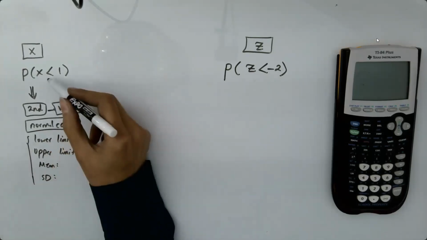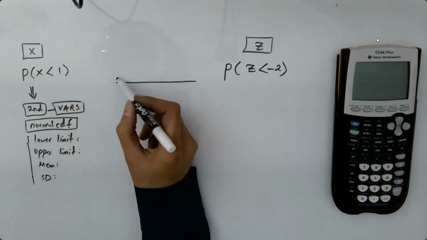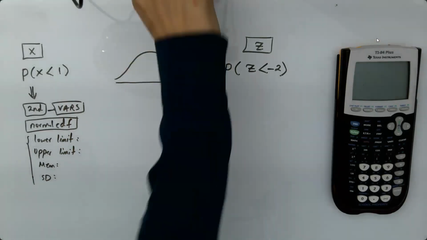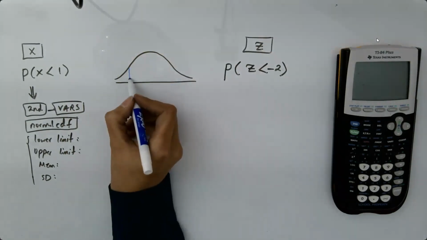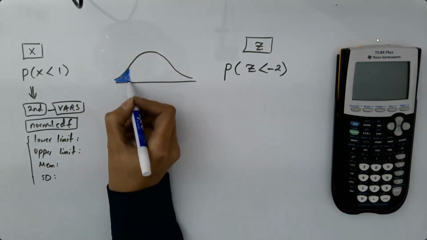Okay, since it's less than, as you remember, the graph says it is less than. When you have a graph with less than, it means that you're looking at the less than area here.